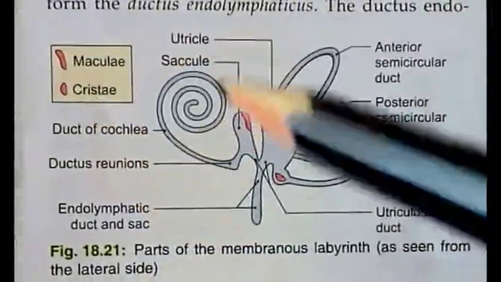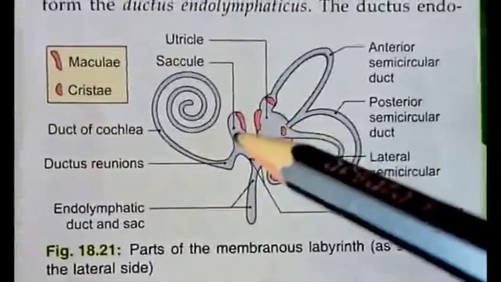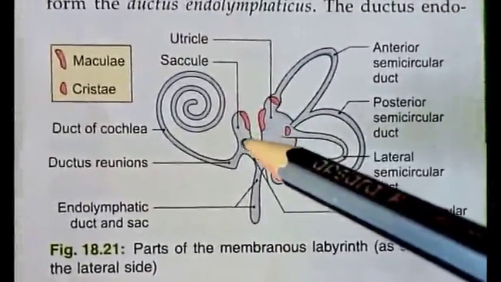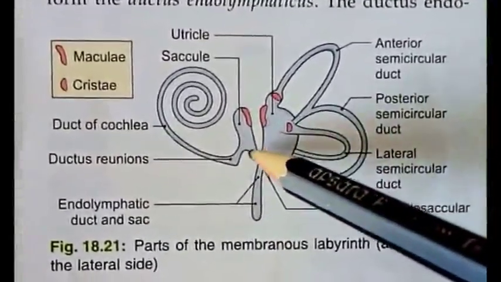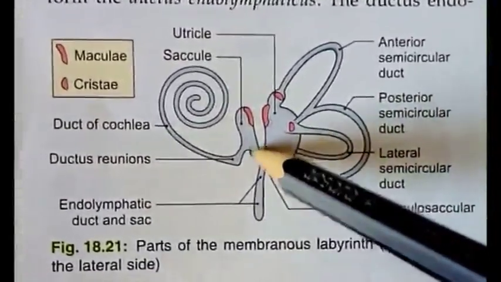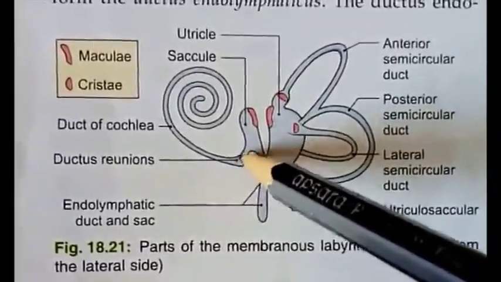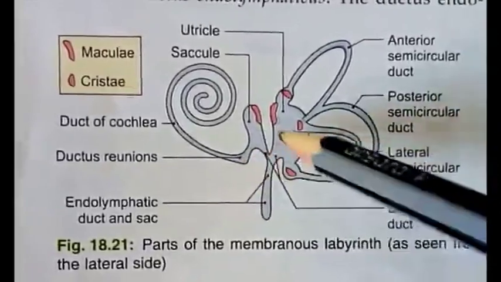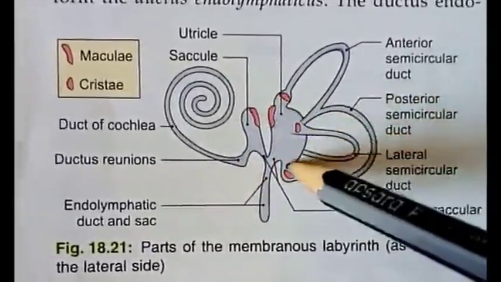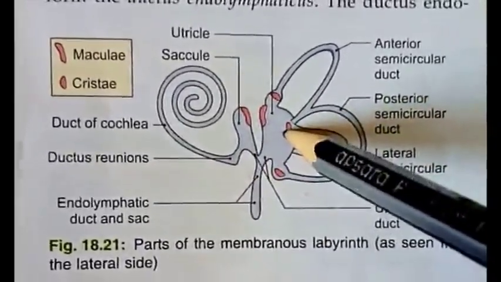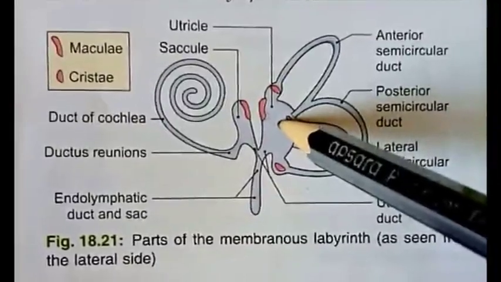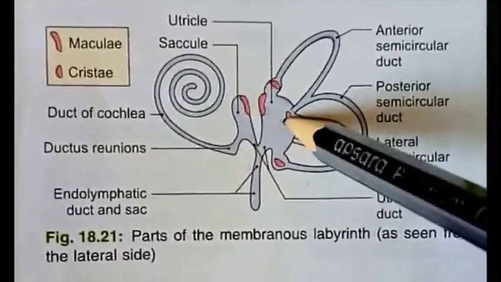Next comes saccule and utricle. Firstly, the saccule lies in the antero-inferior part of the vestibule and is connected to the basal turn of the cochlear duct to form the ductus reuniens. The utricle is larger in size than the saccule and lies in the posterior superior aspect of the vestibule.